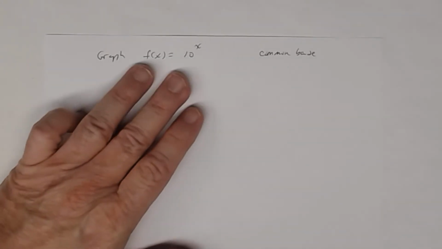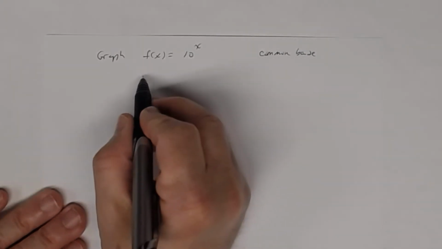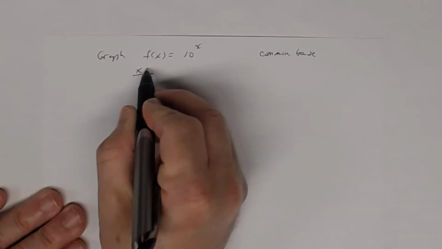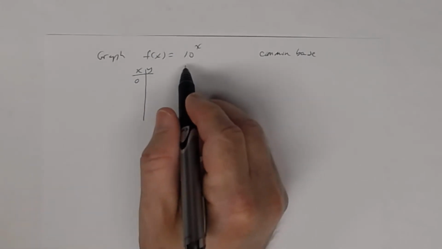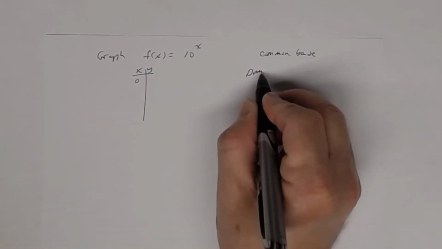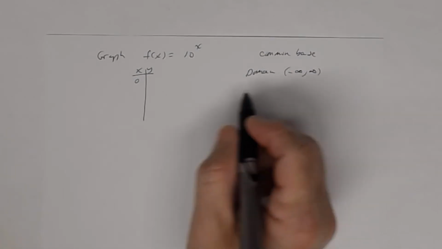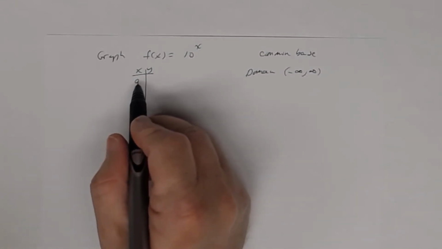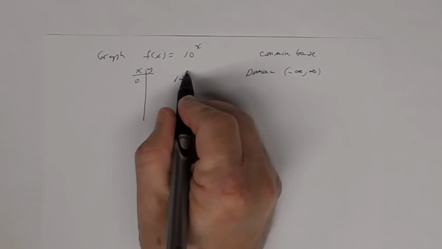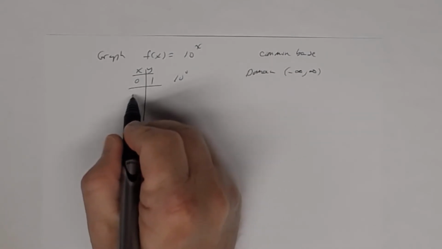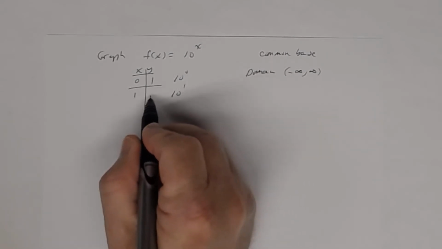Okay, so if the base is 10, let's go ahead and plot some points, just like we did before. If x is 0, and remember the domain of all exponential functions is always all real numbers, so I'm going to use 0. If x is 0, I get 10 to the 0, which is 1. If x is 1, I get 10 to the first, which is 10.